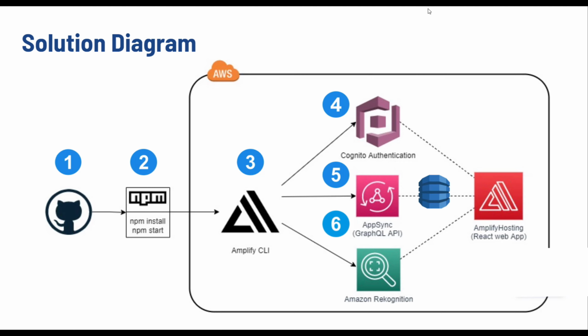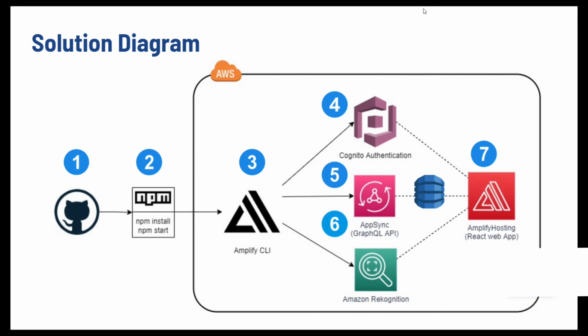Until this point, we have been connecting our web application through the localhost. Now we will host our web app through AWS Amplify using the resources which we have already deployed to the cloud. For that, we will go to command prompt.